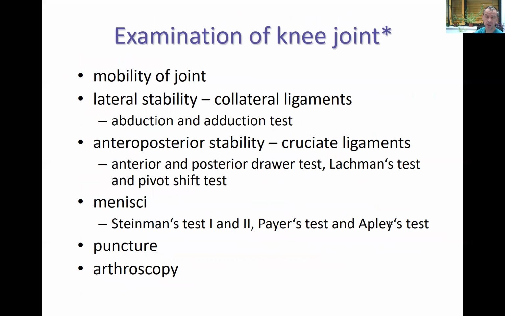So then, after such an injury, the knee joint should be examined. So the collateral ligaments serve for lateral stability. So you try abduction and adduction, which should not be allowed in this joint normally. The cruciate ligaments are responsible for anterior and posterior stability. So you perform something which is called a drawer test.